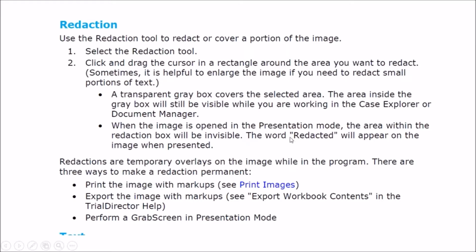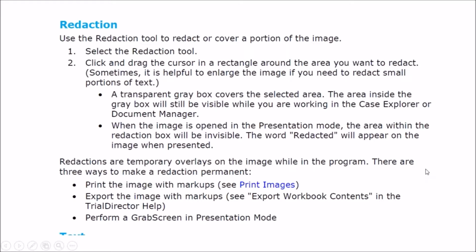But when the image is opened in presentation mode, the area within the redaction box will be invisible. And the word redacted will appear on the image when it's presented as well. Now the redactions on photographs would be persons' faces and things of that kind. Maybe serial numbers, other types of things that you don't think should be shown during the trial.